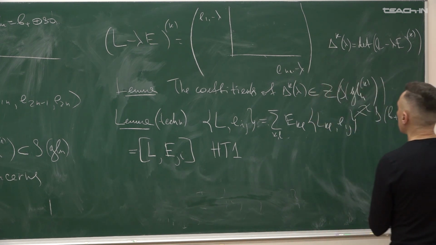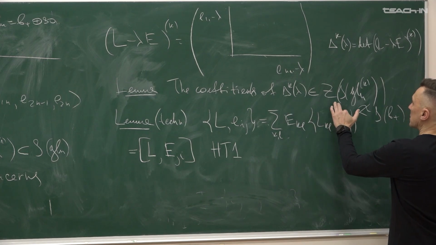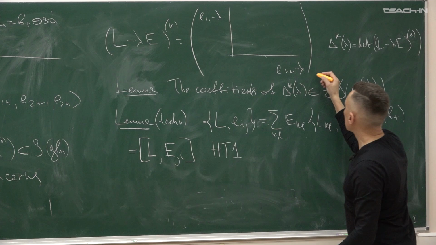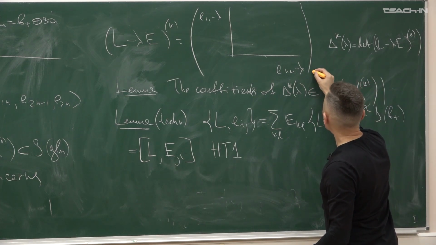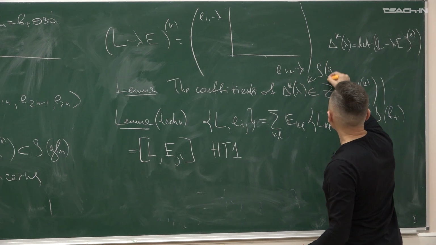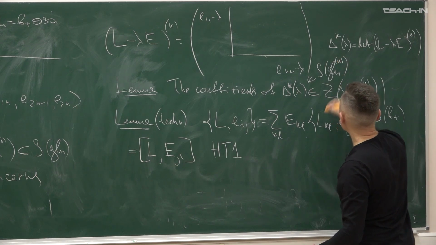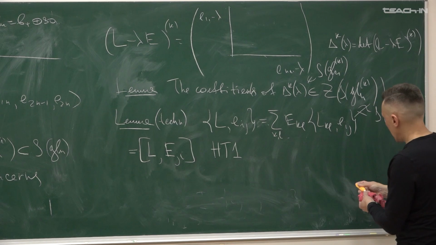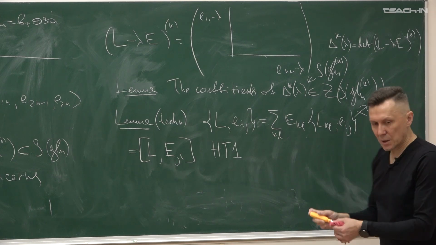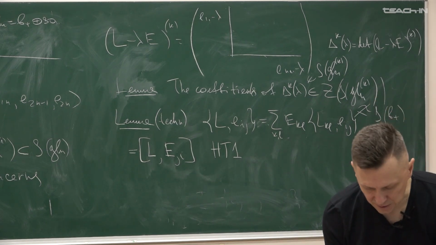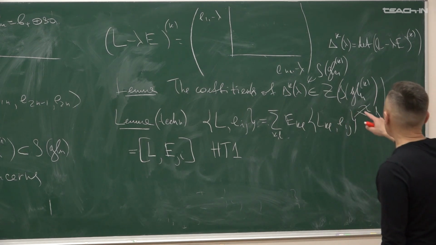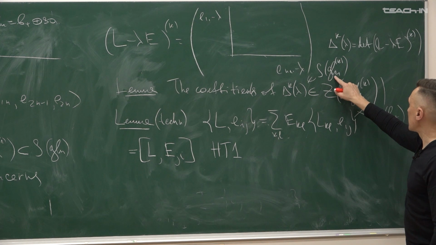So we study some functions in... This is an element of S gln k. This is a function, and we would like to demonstrate that it is a central element of this Poisson algebra.